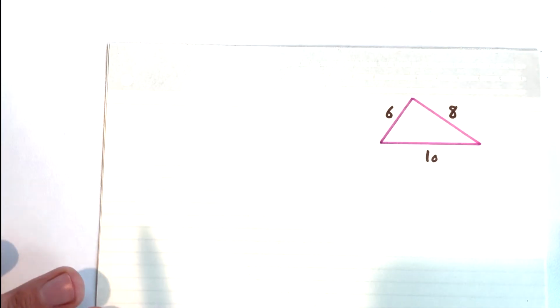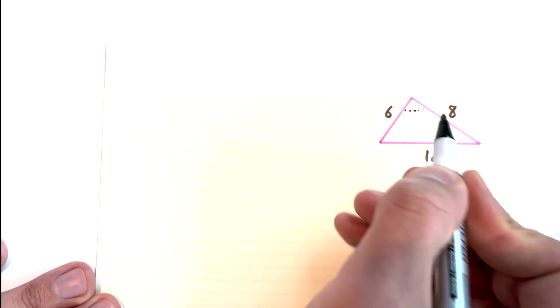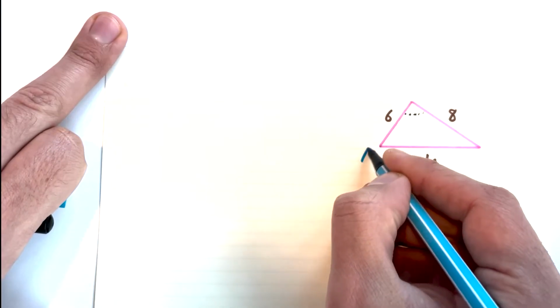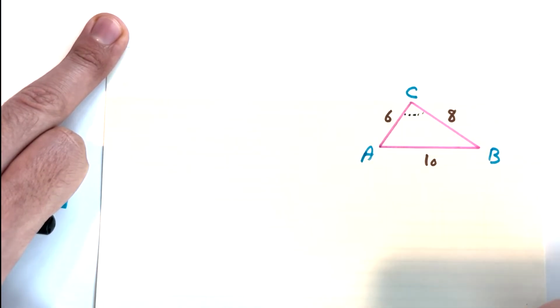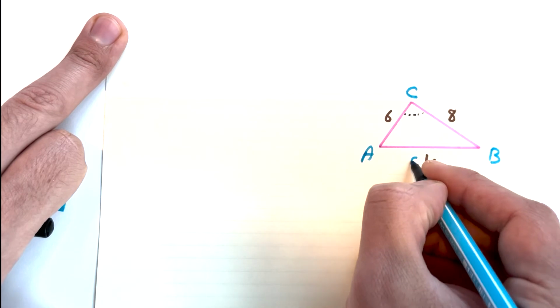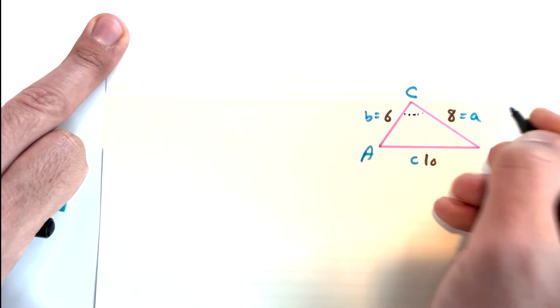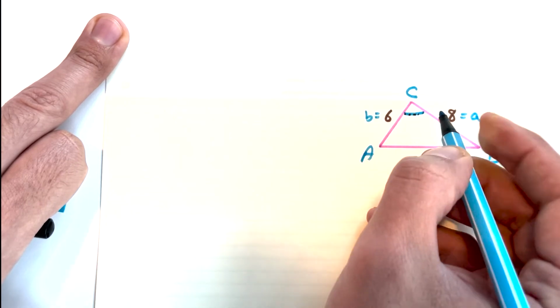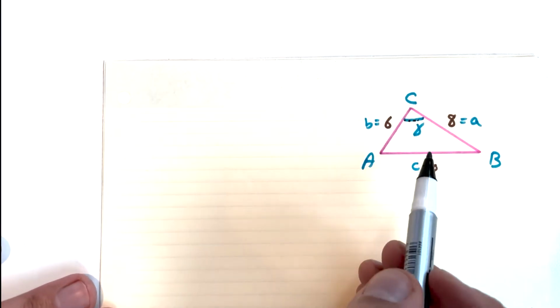And we want to find, for example, this angle. I'm going to call it A, C, B, which means this is C, this is B, this is A, and this angle. So again, let's write the law of cosine for this triangle.